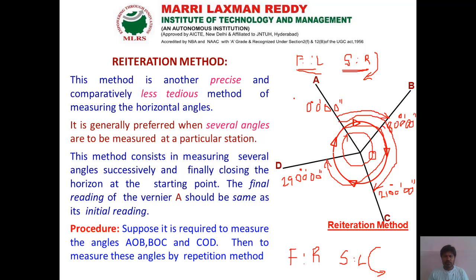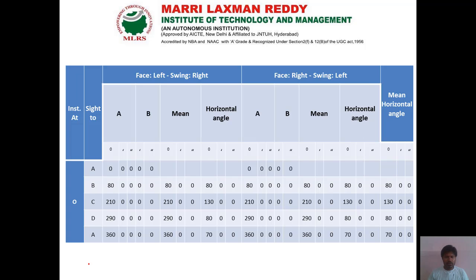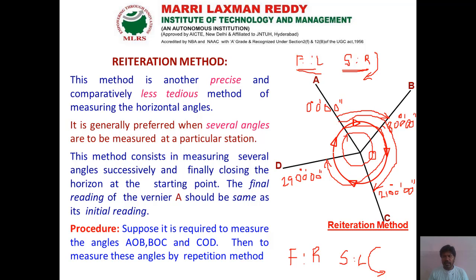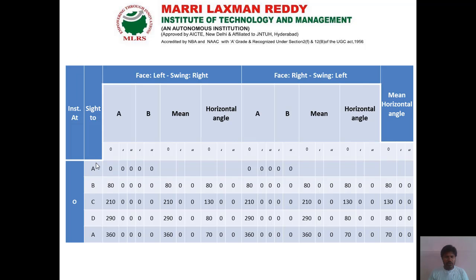Now while focusing the first point, the instrument is set at point O and sighted to point A, so my first observation is 0 degree. Second, when I focus point B, I get the angle of 80 degree. In the vernier scale I have to write 80 degree, 0 minutes, 00 seconds.